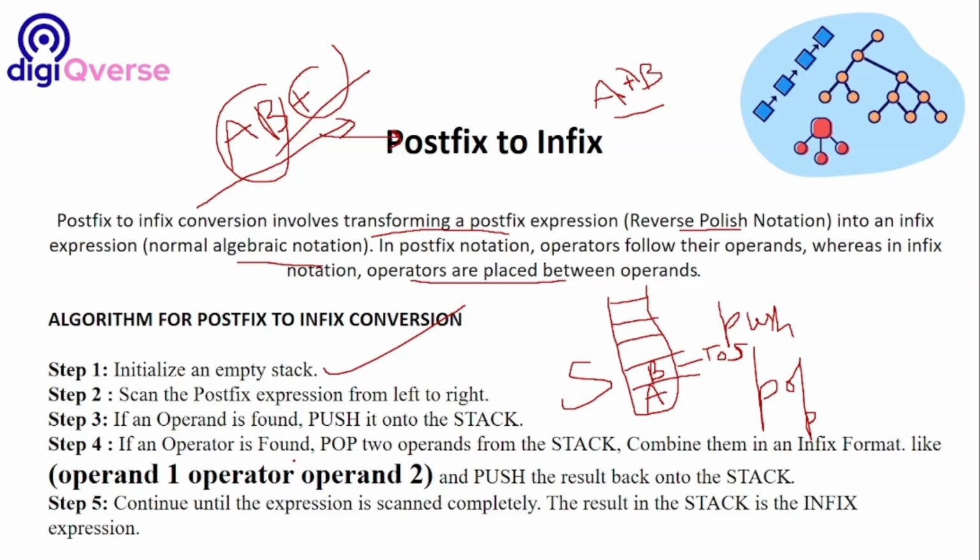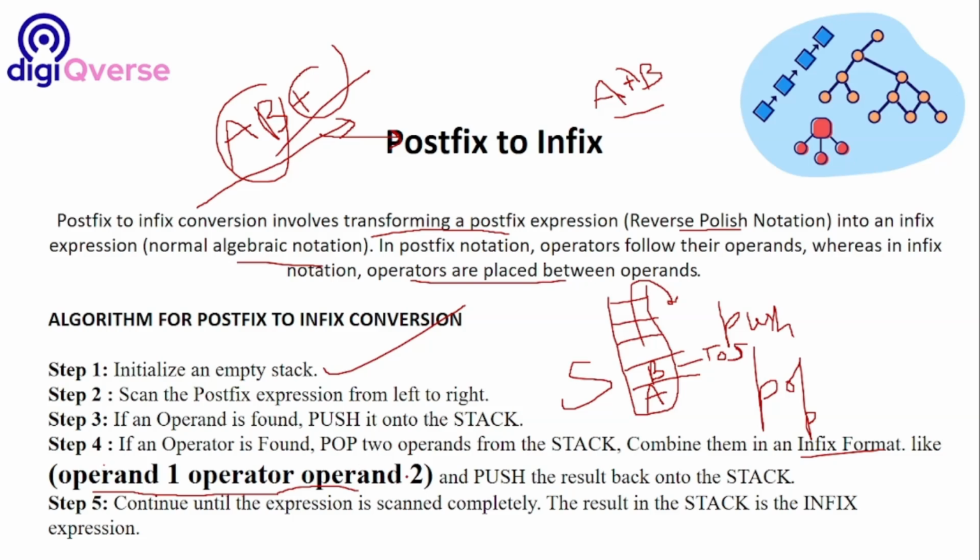So if an operator is found, pop two operands from the stack, meaning deletion. We pop B and A out of the stack and combine them in the infix format: operand 1, operator, operand 2.